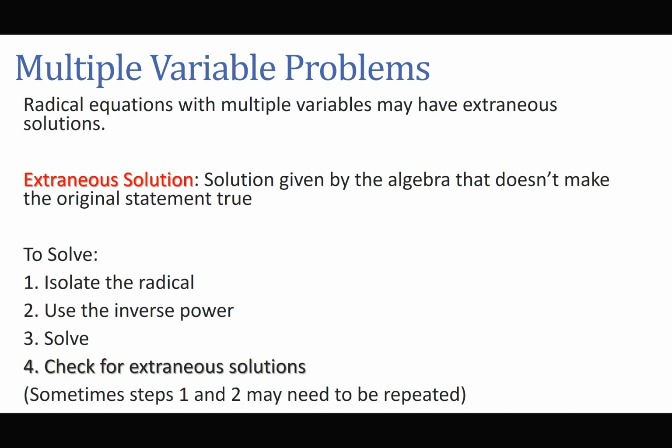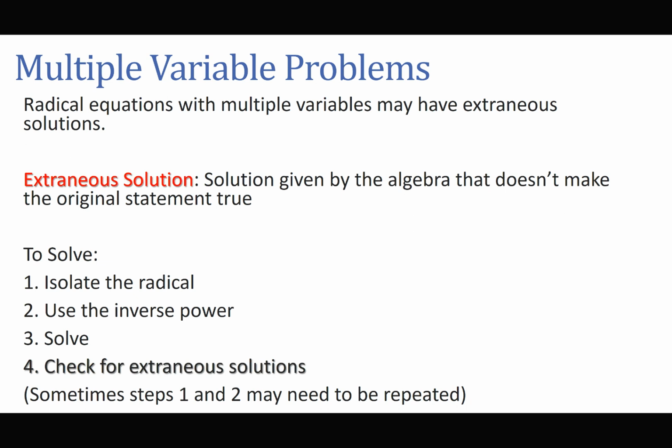Again, that extraneous solution just means that you do all the algebra and it tells you that x is 2 and x is negative 5. And you go back into the problem, you put in 2, yup, it checks out, you put in negative 5, and it doesn't work. Negative 5 would have been an extraneous solution. So this is adding an extra step into your solving to make sure that you actually have the correct answer.